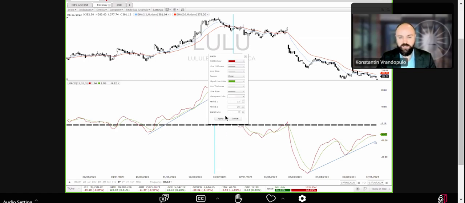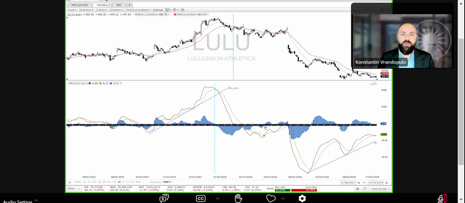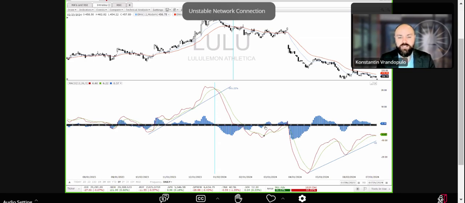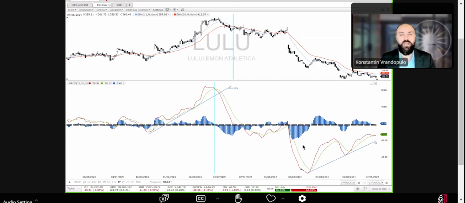The last piece of the equation is this histogram view, right? And folks, the histogram is very simply a visual aid for you to understand how far away the MACD line is from the signal line. The larger the histogram bar, the further away it is. If the histogram is pointing negative from the 0 line to the downside, you know that the MACD line is below the signal.